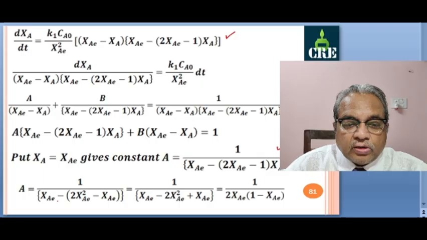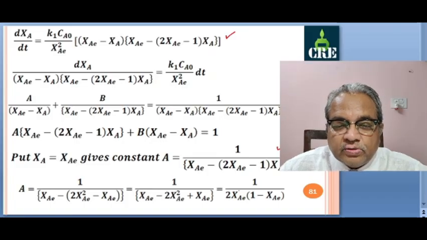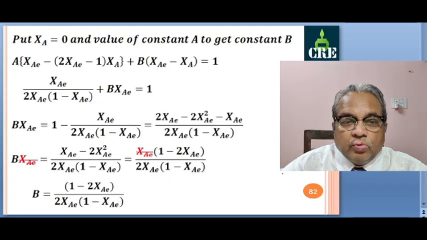This I can solve further: XAe minus 2XAe squared plus XAe. So XAe plus XAe is 2XAe, so 2XAe is common. So 2XAe into (1 minus XAe). So the value of A, this constant, is 1 upon 2XAe into (1 minus XAe).